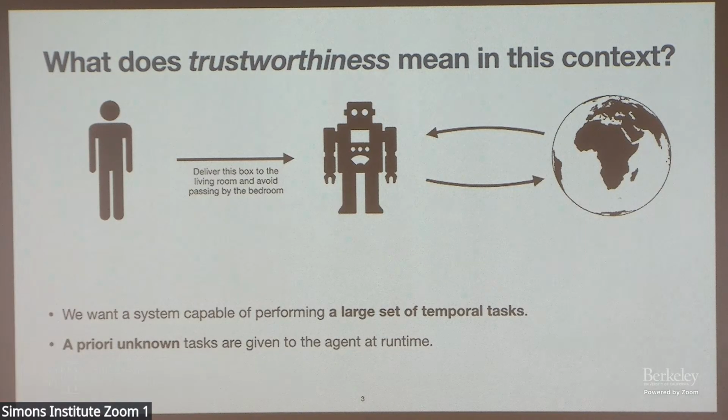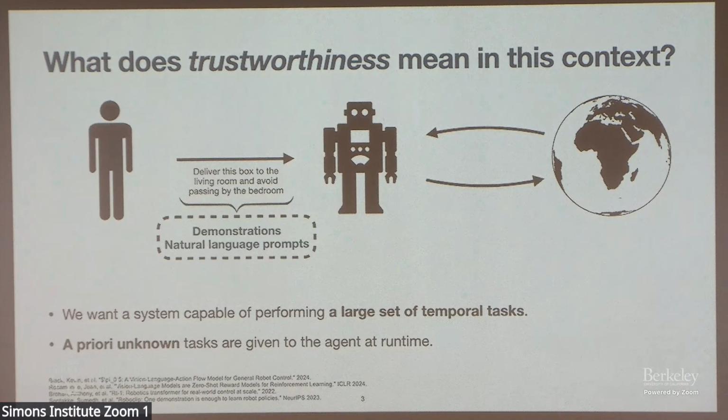In the literature, at least the newer works usually use demonstrations or natural language for giving this kind of instructions to the agent. But the main issue here is that these are ambiguous instruction modalities, right? We can debate about what a natural language sentence really means. So there is that ambiguity, and I think this might be a fundamental challenge for building trustworthy systems.